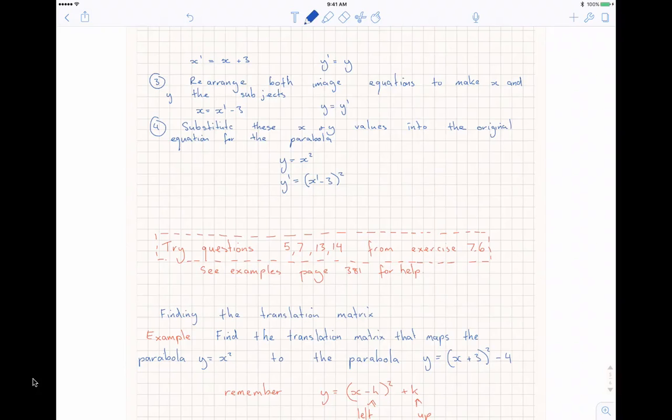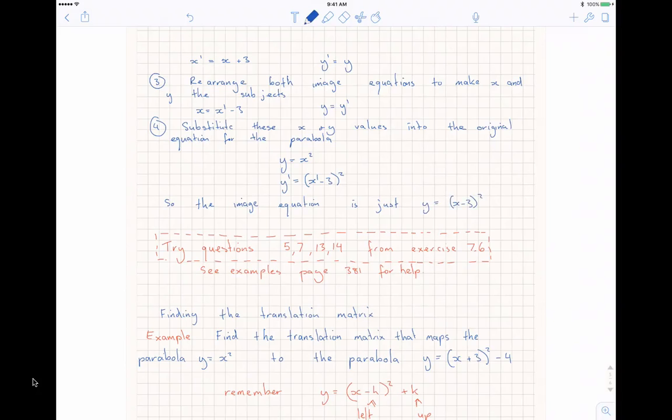So our image equation, the equation of the red parabola, is just y equals x minus 3 all squared.